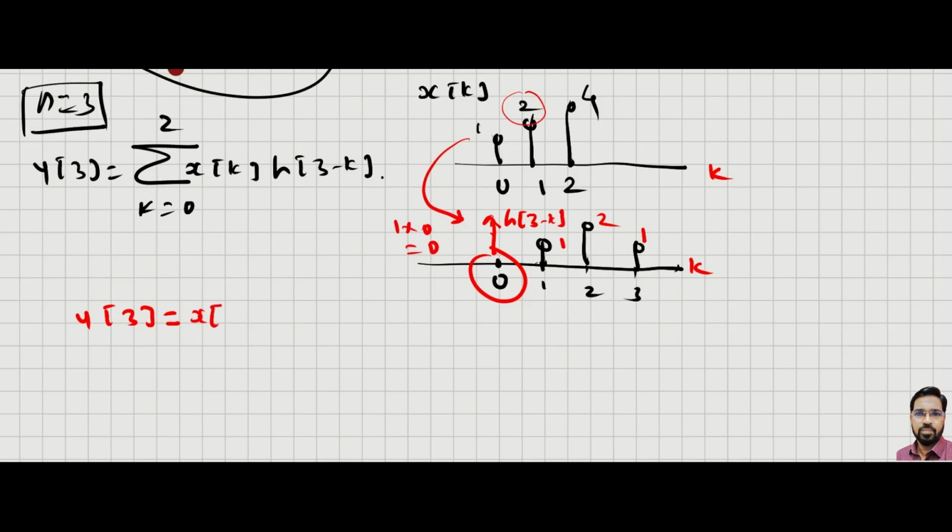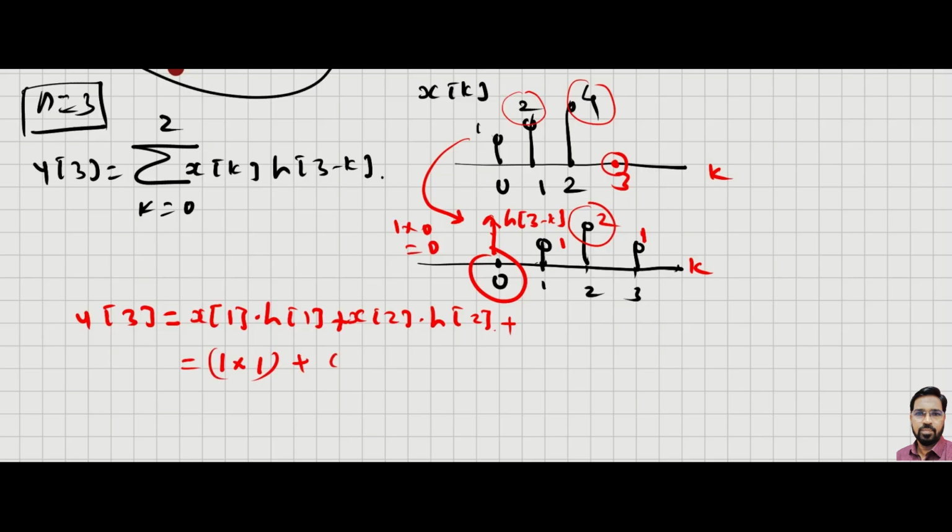So next value is, directly we'll write x of 1 overlapping with h of 1 plus x of 2 overlapping with h of 2 and remaining values क्या है यहाँ पर कुछ नहीं है मतलब 0 है, so anyhow it will be 0 so leave it. So x of 1 we have 1, h of 1 in this case 1, plus x of 2 का वैल्यू है 4 और h of 2 का वैल्यू है 2, so it will be 1 plus 8 so it is 9 again. So y of 3 is 9.